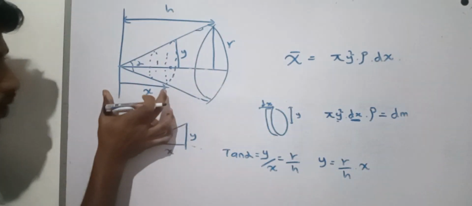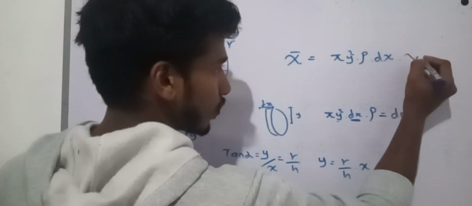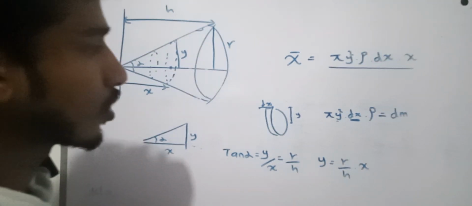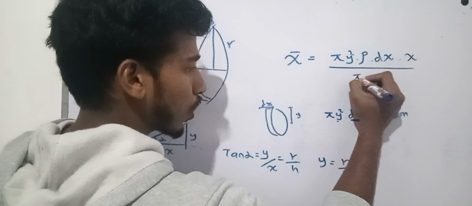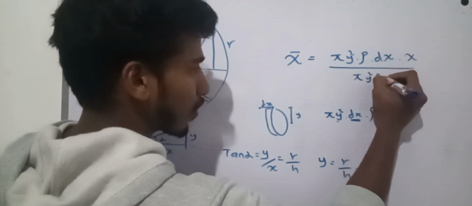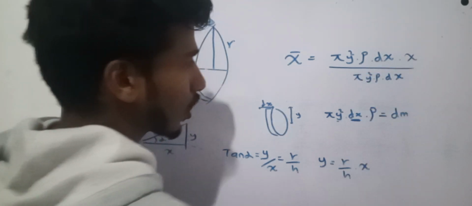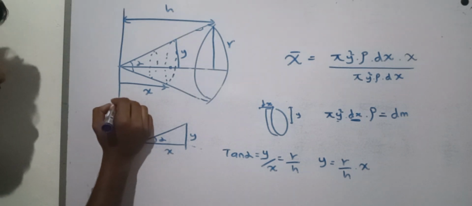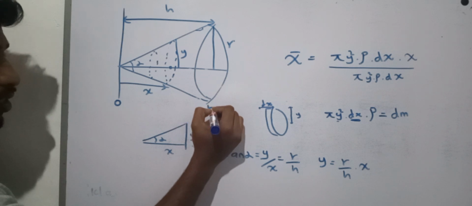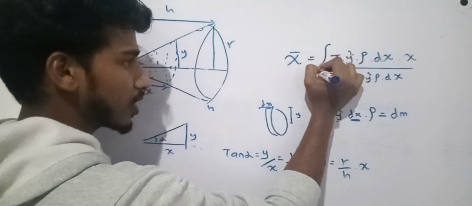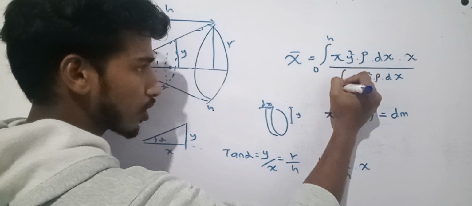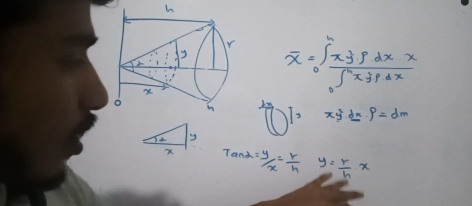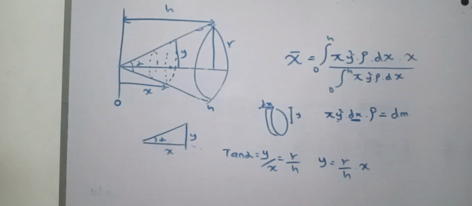When you multiply the location, it is at x, divided by the negligible mass, pi y squared rho times dx. You can see that the x value is changing from 0 to h, so the limit of the integration is 0 to h. And now you know an answer for y, which is r over h times x.